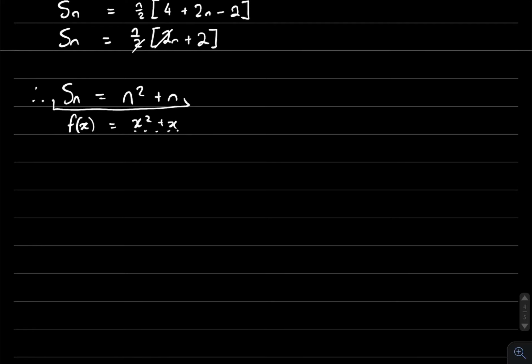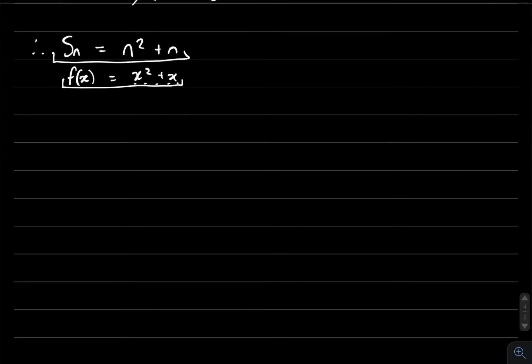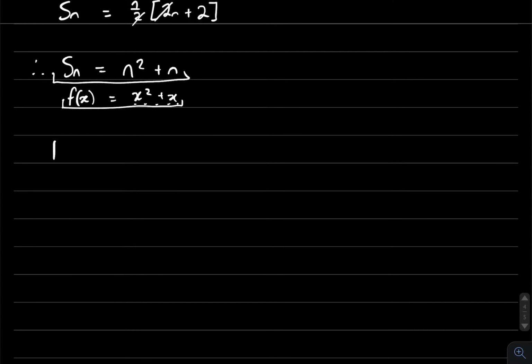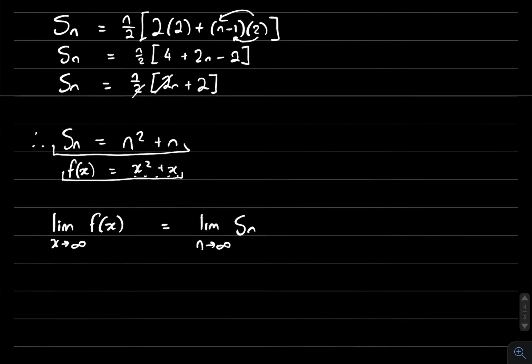Basically, it is the same as the function f of x is equal to x squared plus x. Okay? So, how does this function behave? If we wanted to find the limit as x approaches infinity of f of x, that'd just be equal to the limit as n approaches infinity of Sn, because they are the same function. Okay?